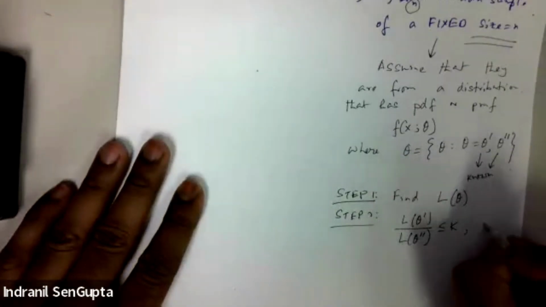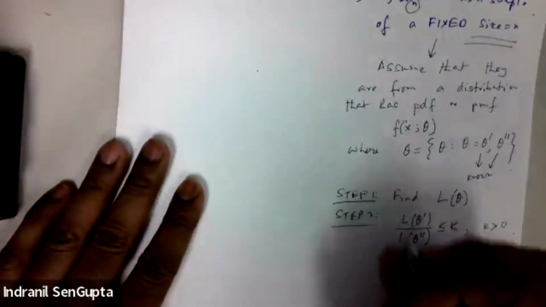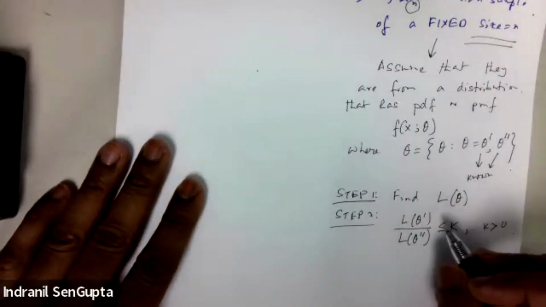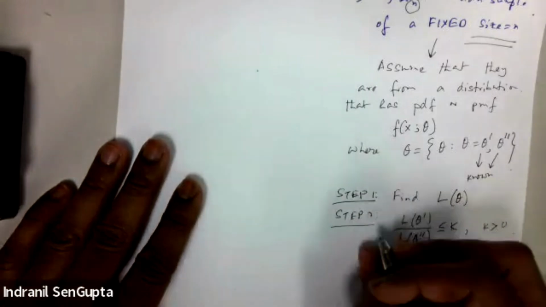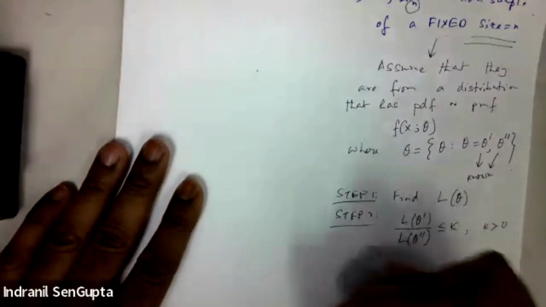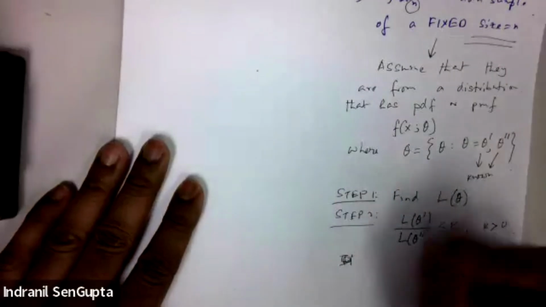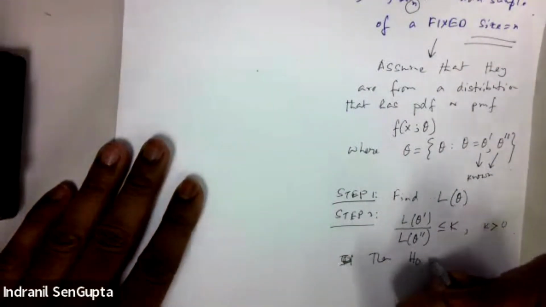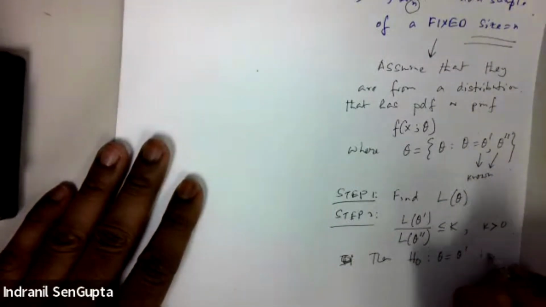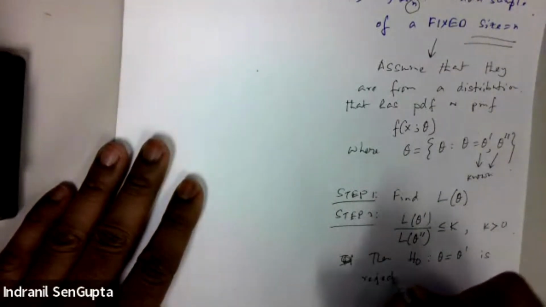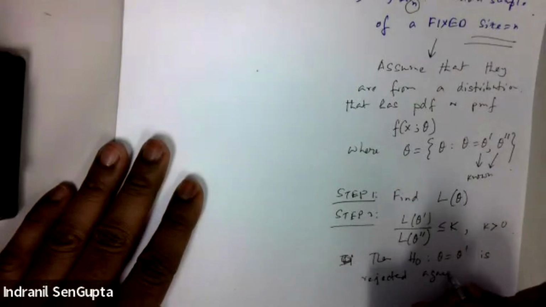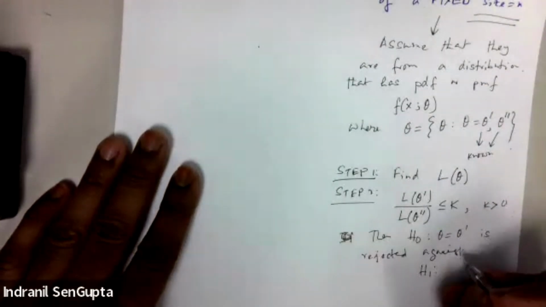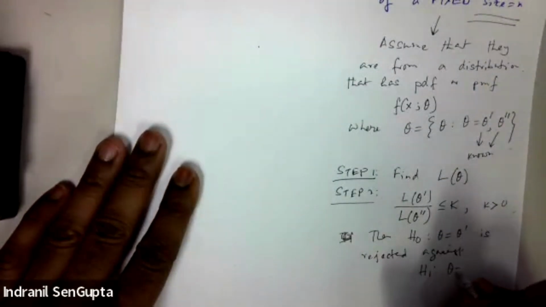So this k is positive. If we can find a region like that, if this holds, then H0, which is theta equals theta prime, is rejected against H1, which is theta equals theta double prime.